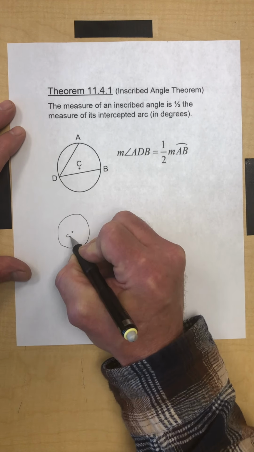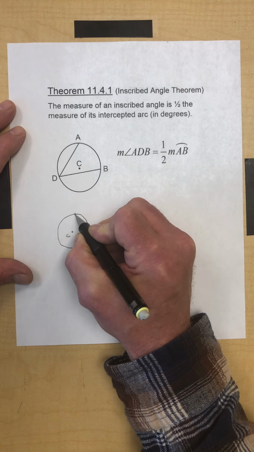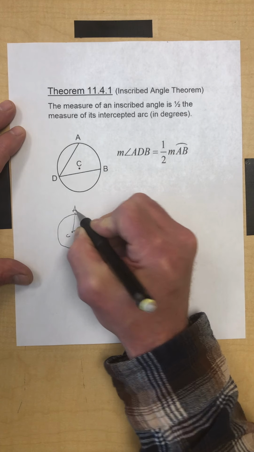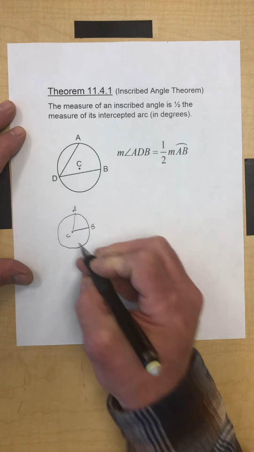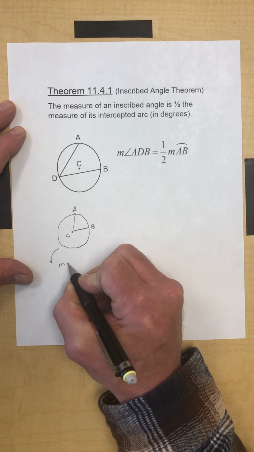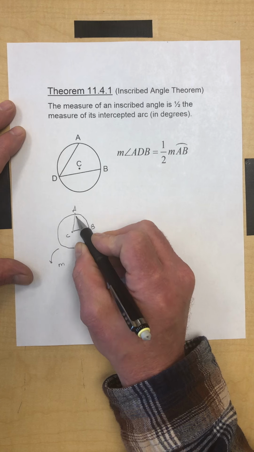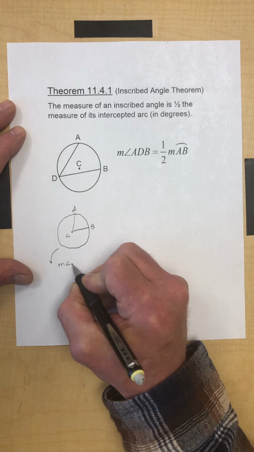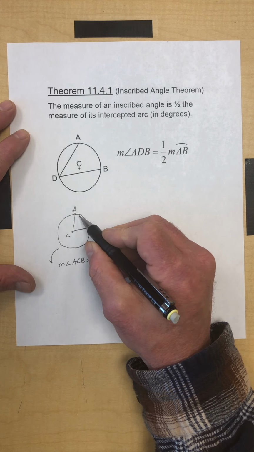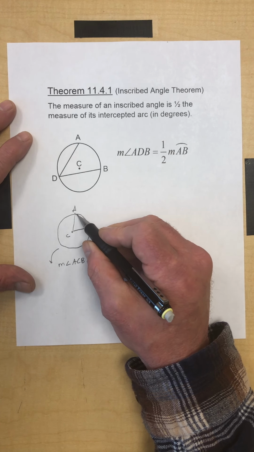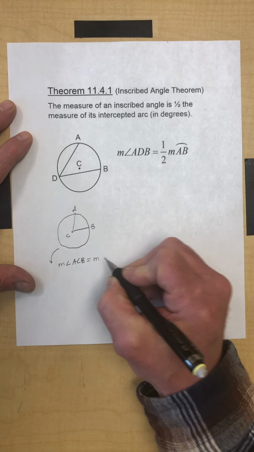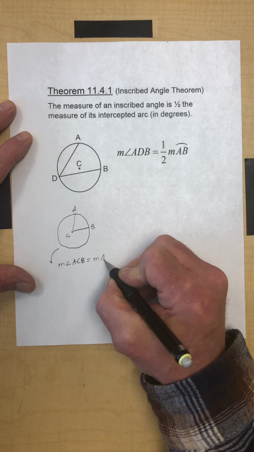Remember, a central angle has its vertex at the center. In this case, the measure of the central angle ACB, and remember this is arc measure, not arc length, arc measure in degrees, is the same as the measure of the intercepted arc, arc AB.